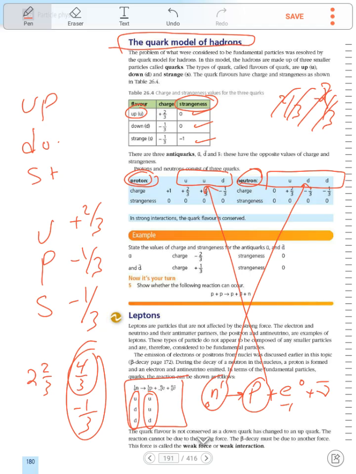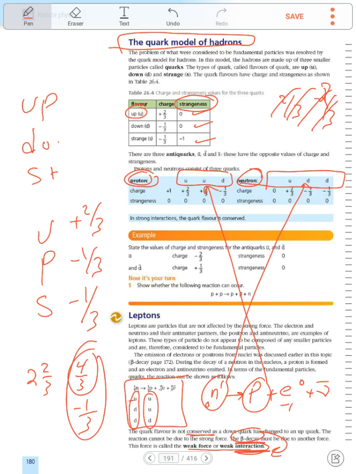The quark flavor is not conserved, as a down quark has changed to an up quark. The reaction cannot be due to the strong force. The beta decay must be due to another force, called the weak force or weak interaction. So beta decay comes from a weak interaction.